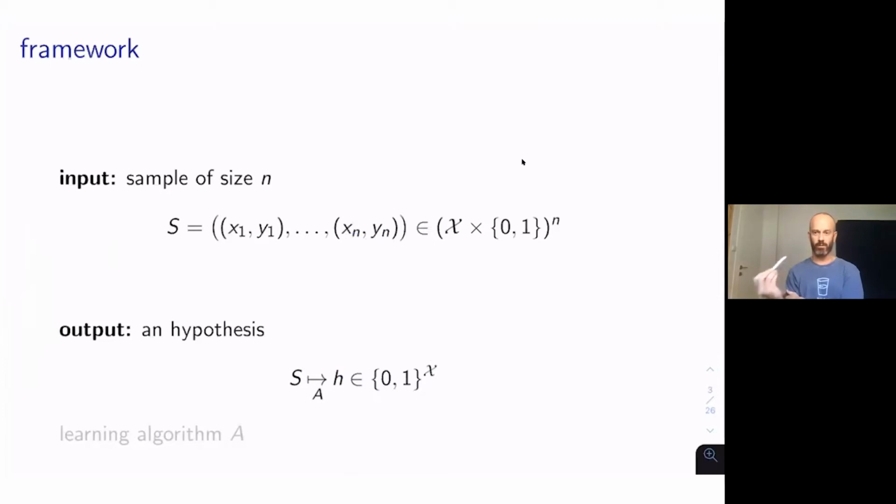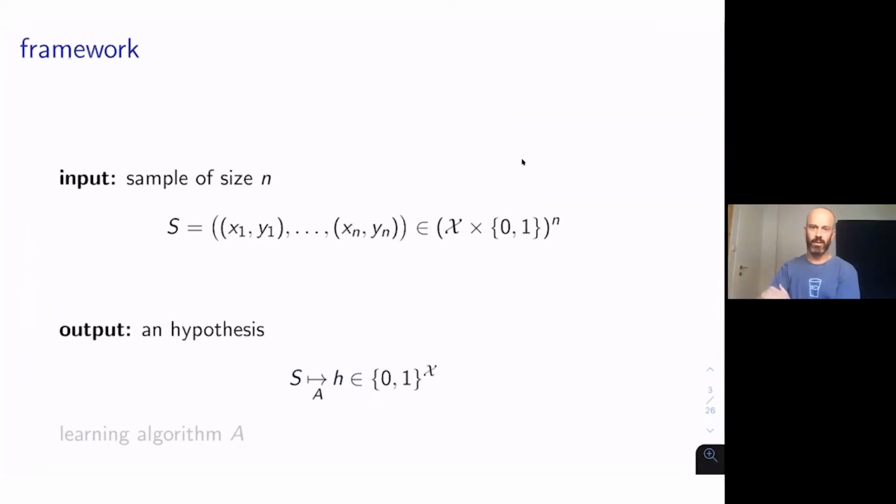This is our purpose. This is the meaning of this h. And the way we do this is we have some algorithm, which is just a function from this set to this set. So a learning algorithm in the framework we consider is just a function that takes a sample and maps it into a function.